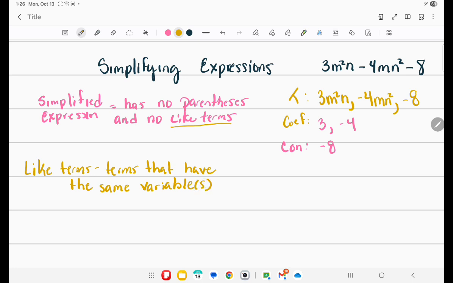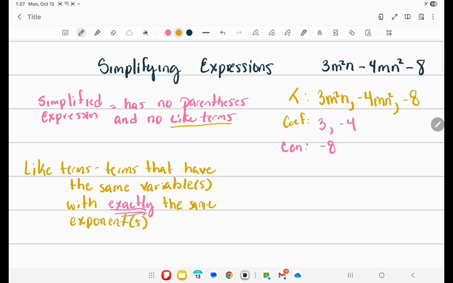Variables that have the same variables with exactly the same exponents.